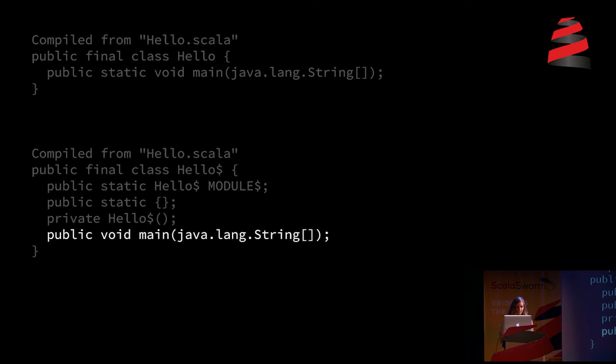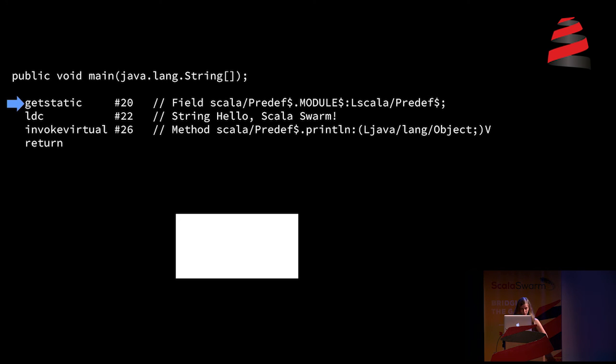And finally, there is a main method here. Maybe this is my original main method. Let's see, getstatic pushes Predef$.MODULE$ into the stack. Predef basically brings a bunch of things that are very useful without the need to mention them explicitly.